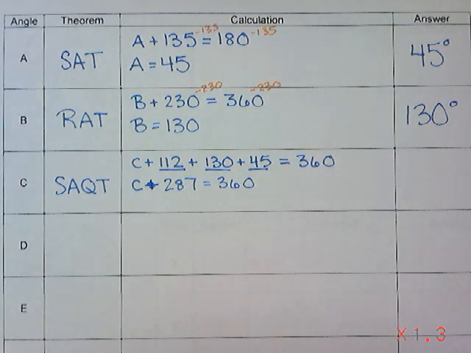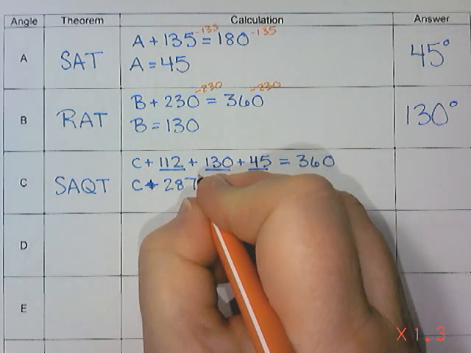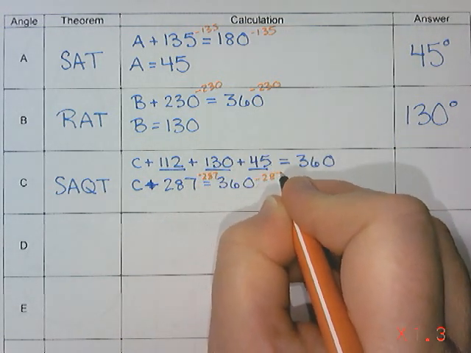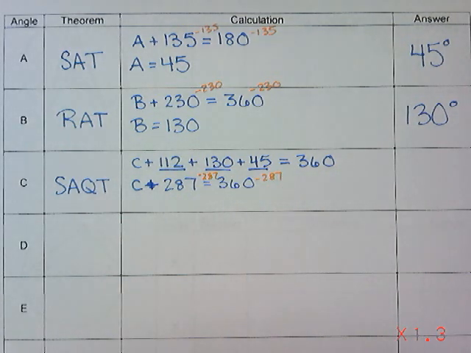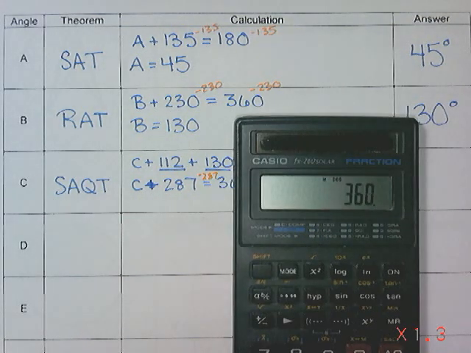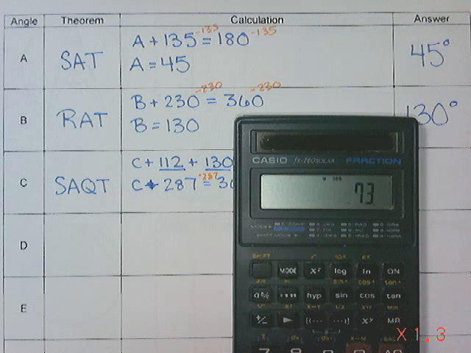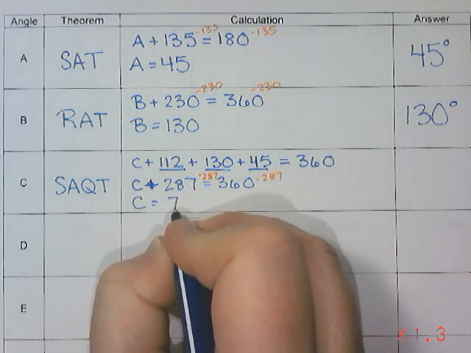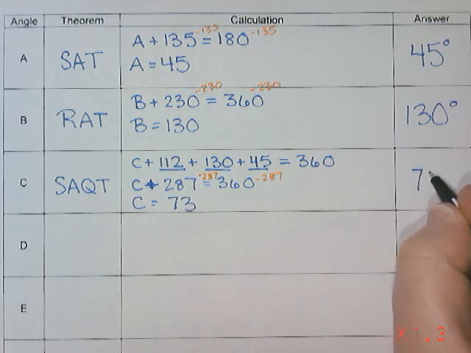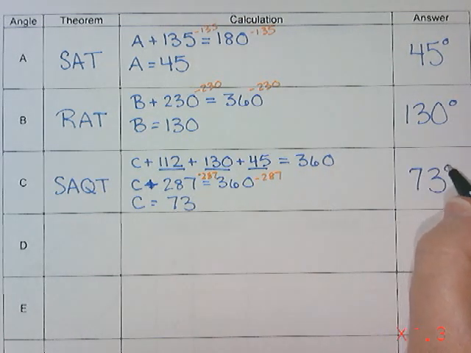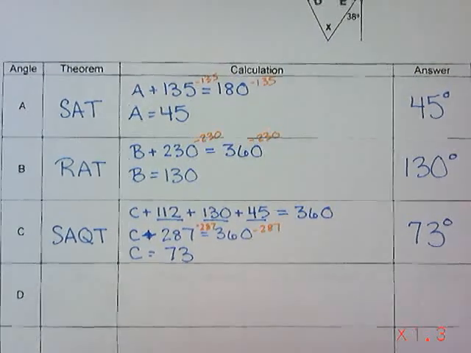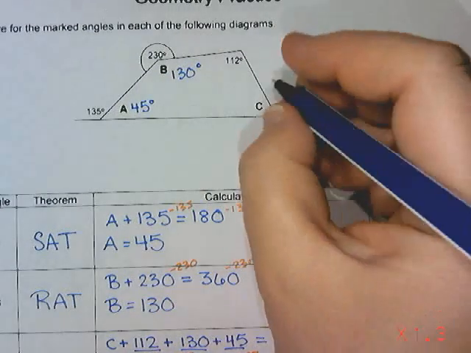And that equals 360 degrees. And then I'm going to subtract 287 from both sides. And I get 73 degrees. Okay, I am going to label that in my diagram. This is 73.